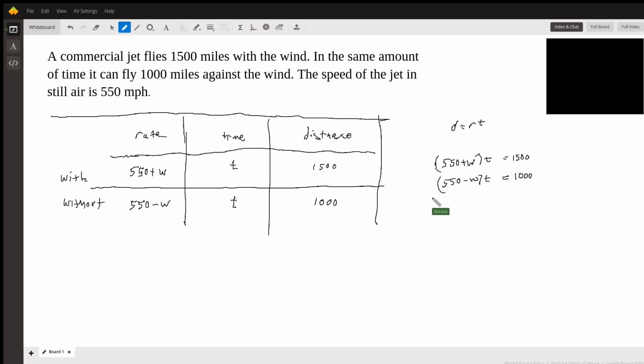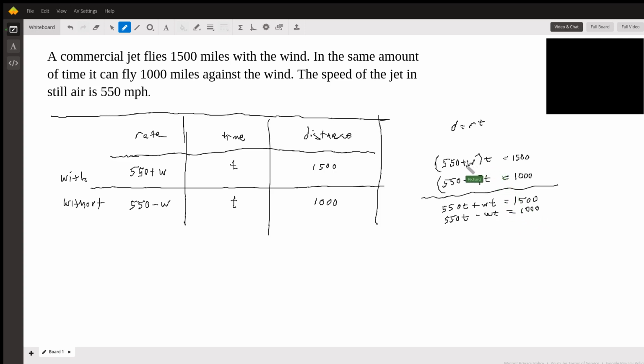So our next step would be 550T plus WT is equal to 1,500. And then 550T minus WT equals 1,000.